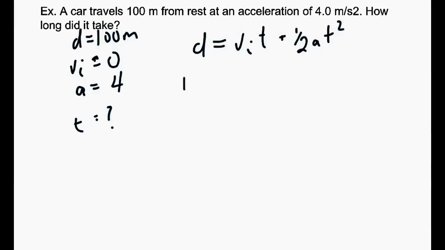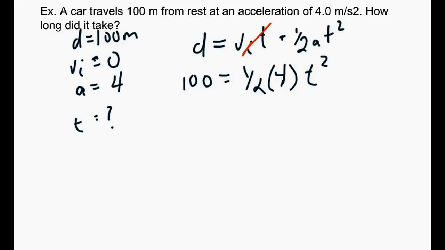Plug in all of our numbers. We'd have 100 equals, our VI is 0, so we have 0 times time, which 0 times anything is 0, so we can basically just ignore that part of the equation. So we just have 100 equals 1/2 times 4 times t squared.